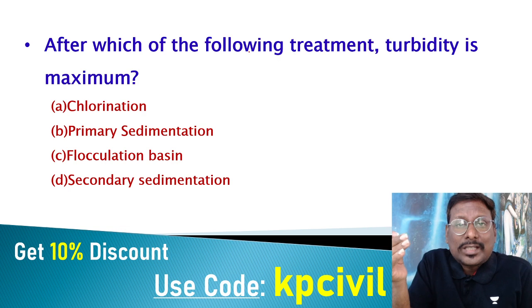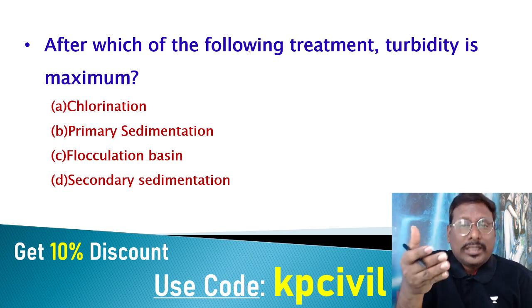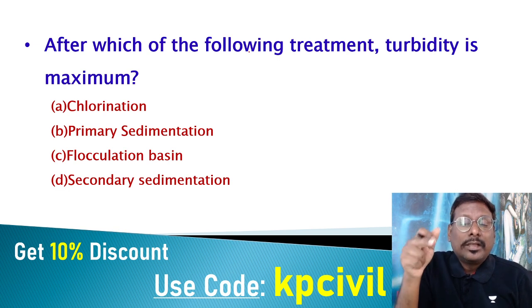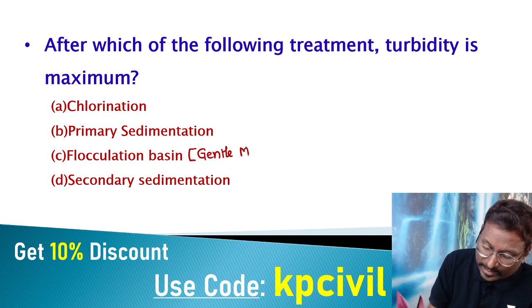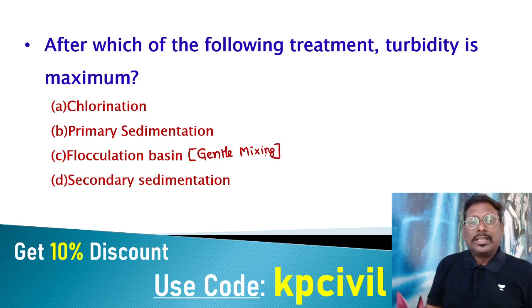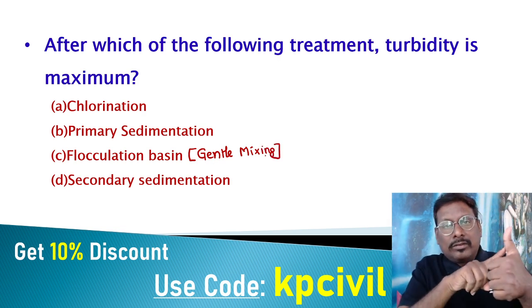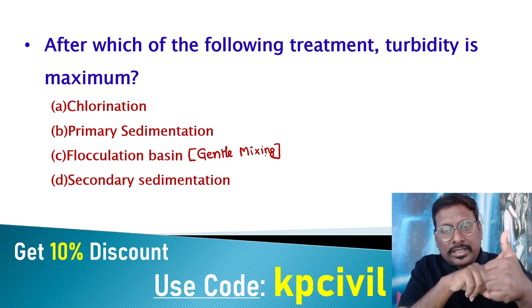Suspended solids are the particles which impart turbidity, those are removed, so the turbidity is minimum. Then flocculation basin. Flocculation basin is nothing but the gentle mixing tank in coagulation. Coagulation involves 3 phases. First phase rapid mixing or coagulation.